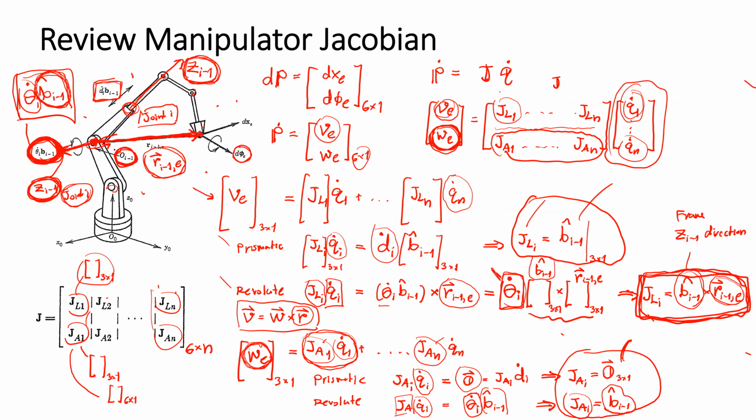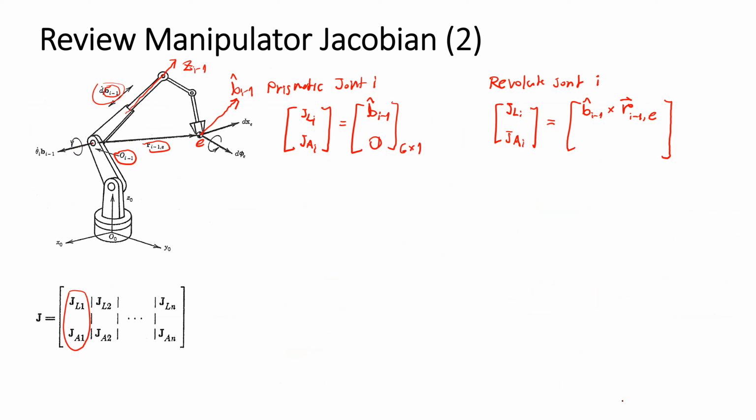If we lock the outer joint and just rotate this joint, it will create the same rotational effect at the endpoint. So for angular rotation, the Jacobian of a revolute joint will be the unit vector of the z-axis of the frame i-1.